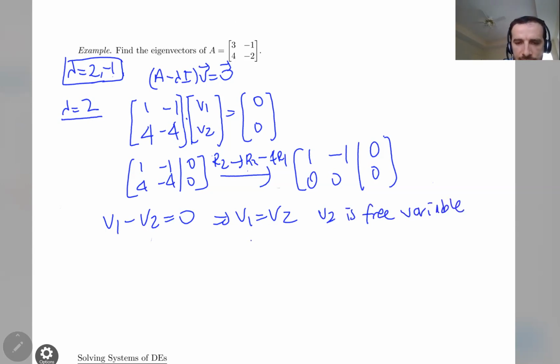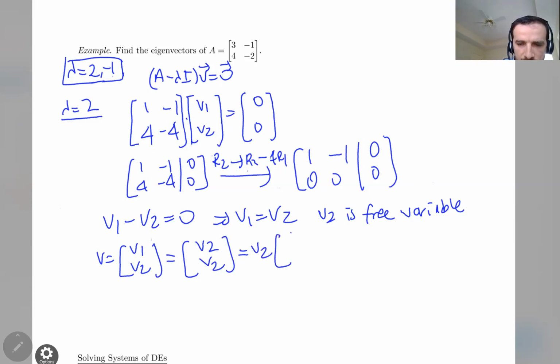And I can write v as v1, v2, but I can write v1 with respect to v2, right? With respect to the free variable. And I can factor out v2 here: 1, 1.